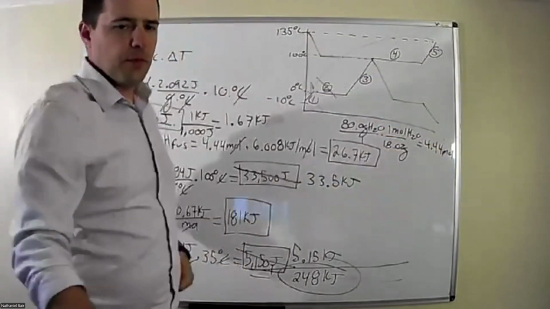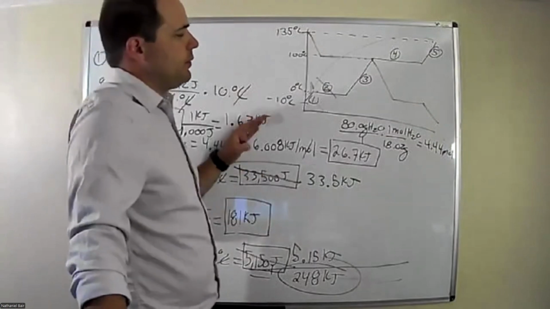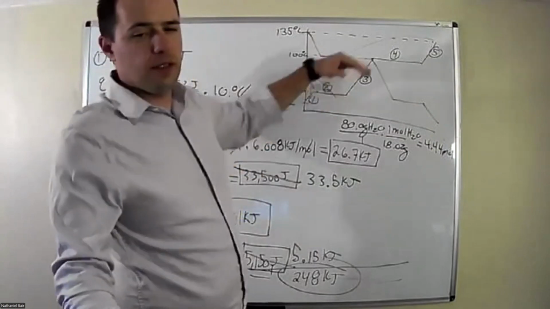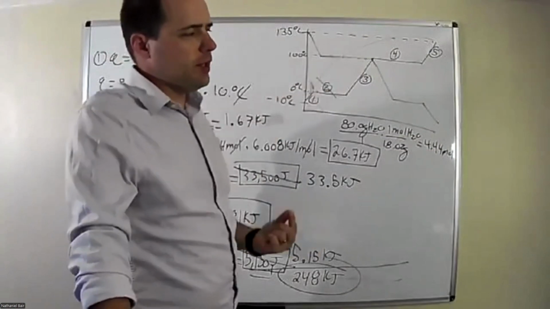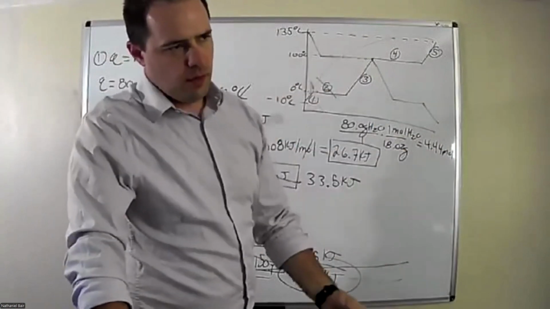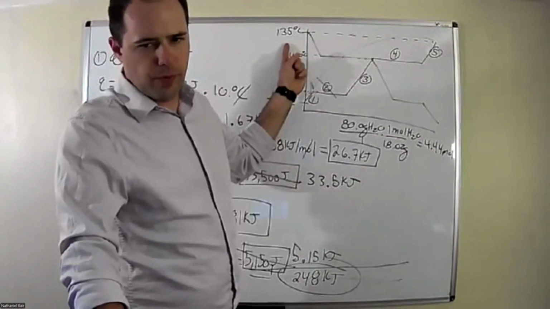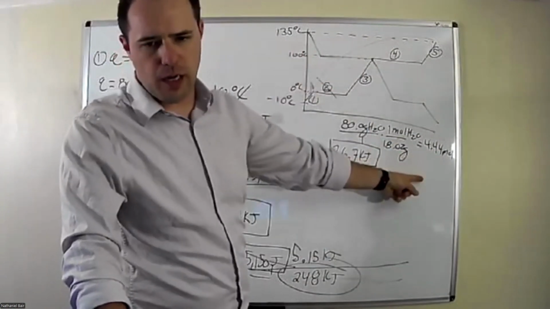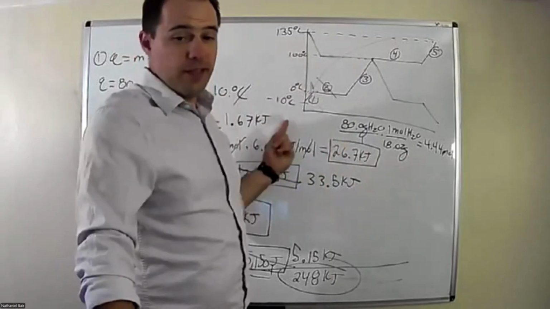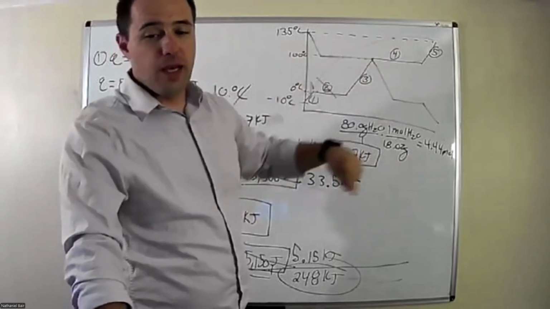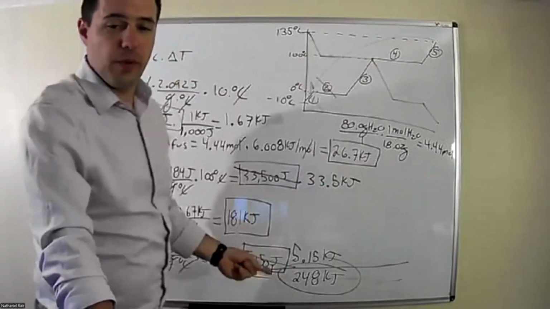So oftentimes when I do these problems, it's easier for me to imagine that I'm heating the substance. So if the problem was how much energy is released when 80 grams of steam at 135 is cooled to a block of ice at -10, I usually just pretend I'm going the other way, from ice at -10 to 135, and then I say it'd be the same amount of energy.